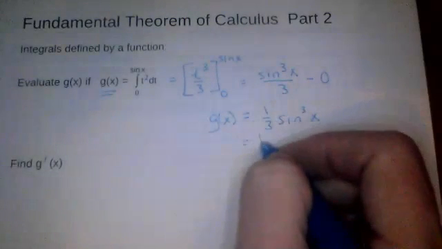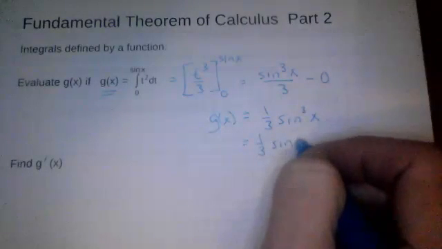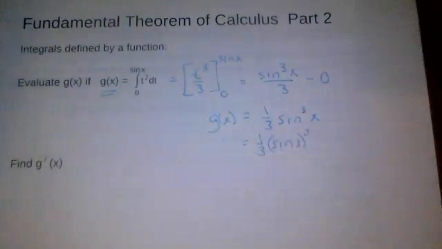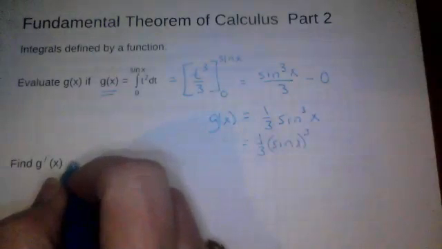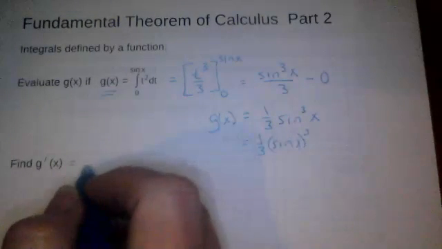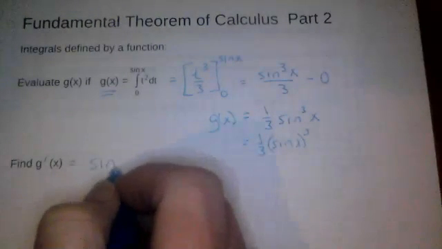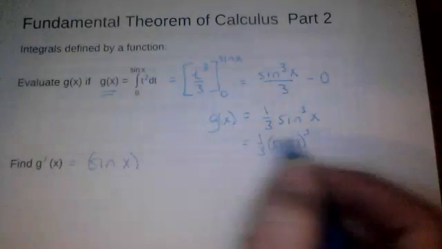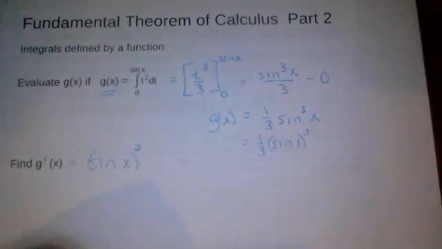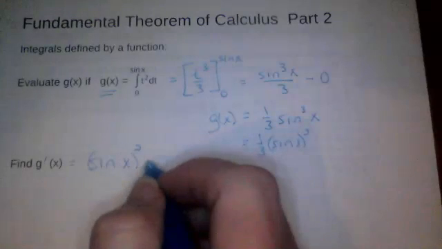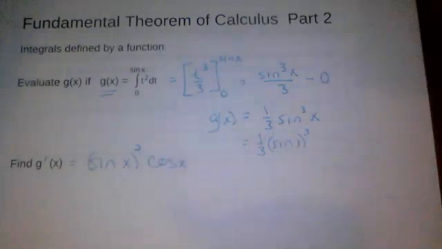So I'm going to rewrite this as 1/3 sine x to the third, and we're going to take the derivative. So bring down the 3 times 1/3. So we just get sine x to the second times the derivative of the inside, which is going to be cosine x.